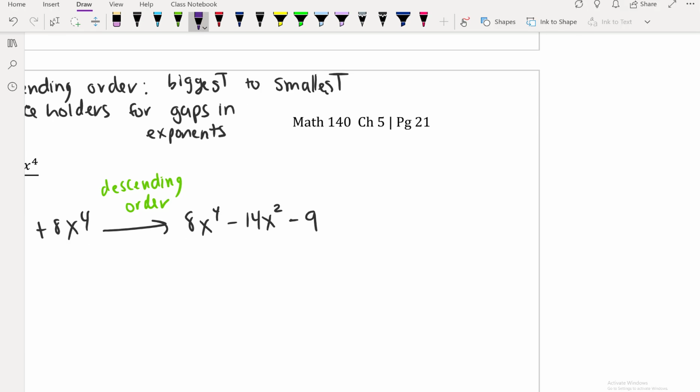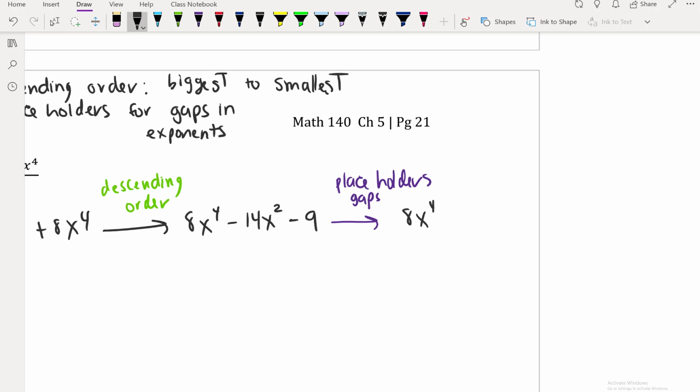Now the next thing that I want to do is make sure that I have placeholders for gaps. So, okay, I started out with 8x to the 4. Perfect. Now, what comes after?